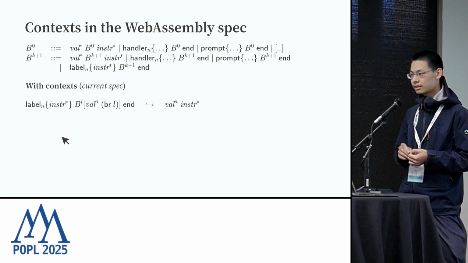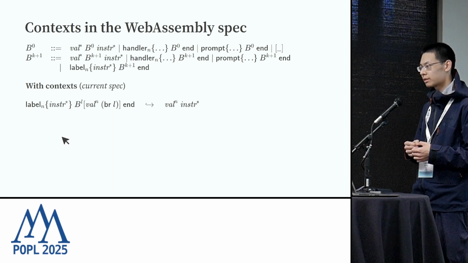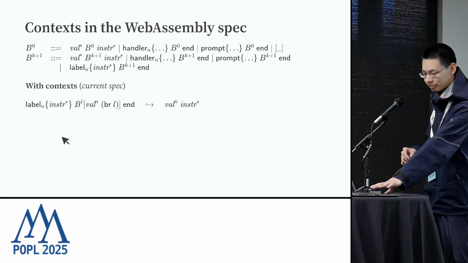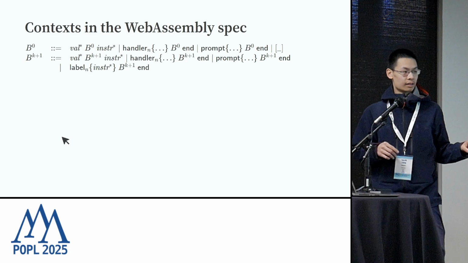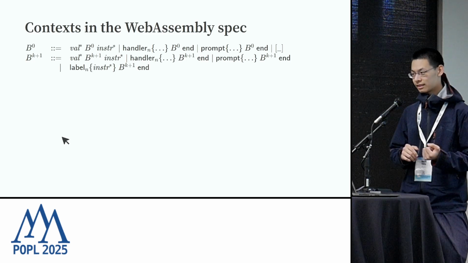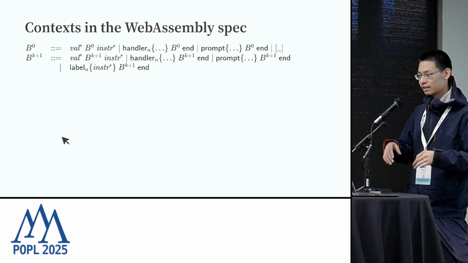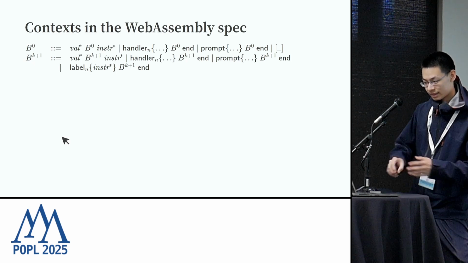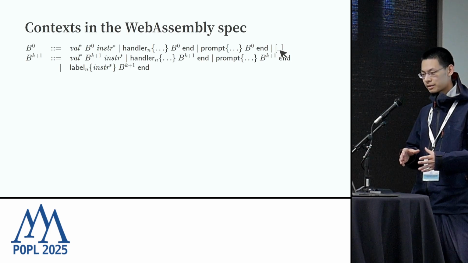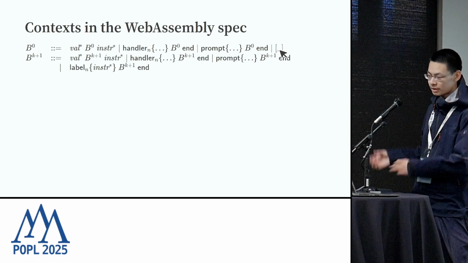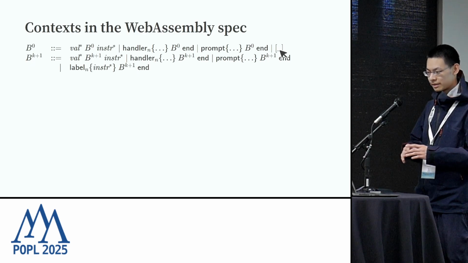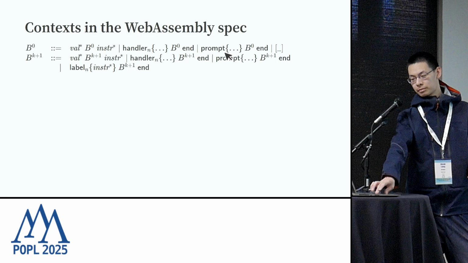Context is not a new concept in the WebAssembly specification. It is used to define a lot of things, for example, also the branch instruction. For the branch instruction, we have the block context, which is basically a hole, or it can be a context surrounded by a stack and a sequence of instructions, or it could be a context surrounded by a frame, a handler frame or a prompt frame.